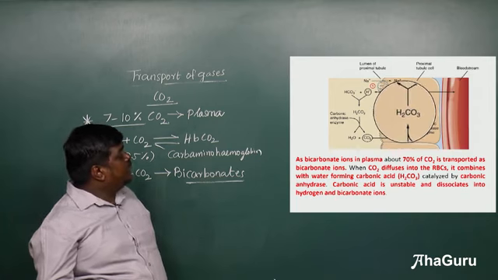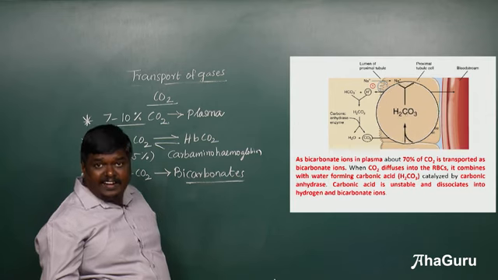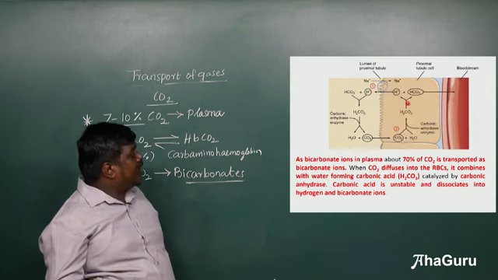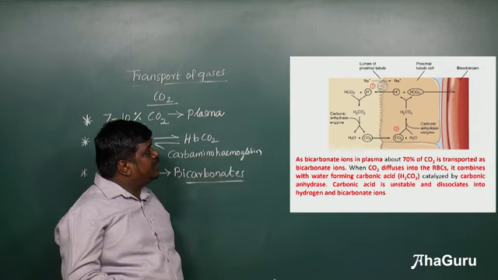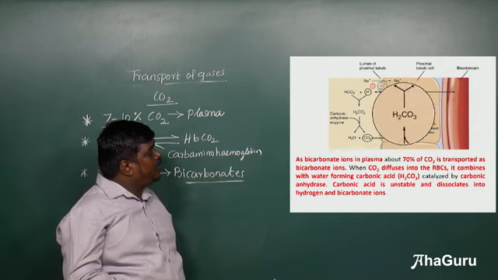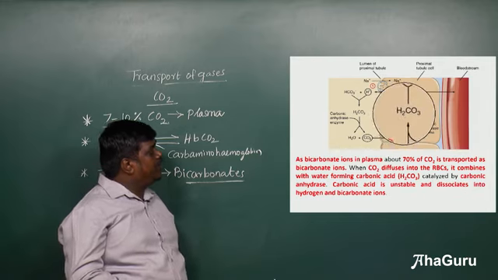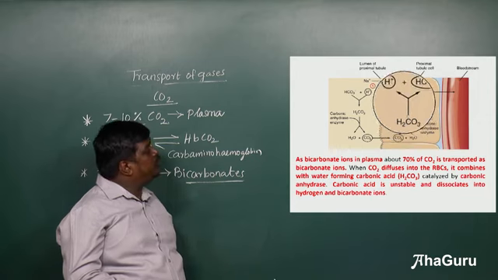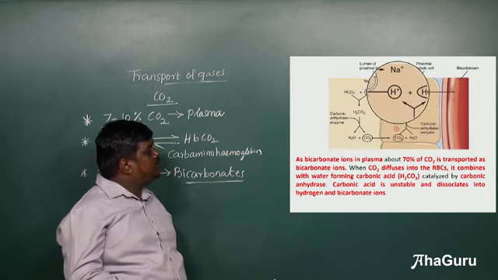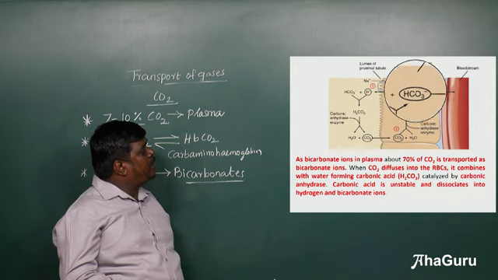This is catalyzed by an enzyme called carbonic anhydrase. The carbonic acid formed here, H2CO3, is an unstable compound, so it forms H plus ions, hydrogen, and bicarbonates.